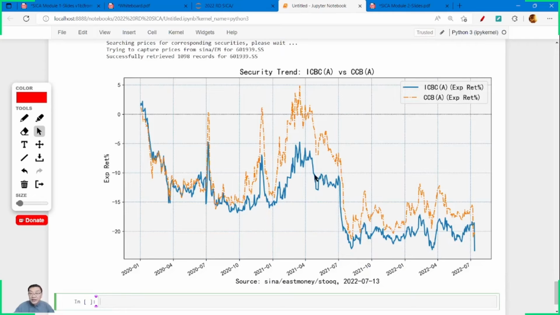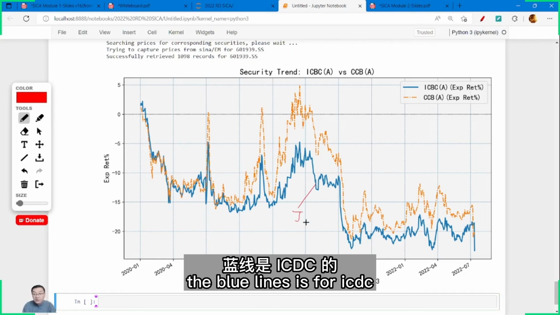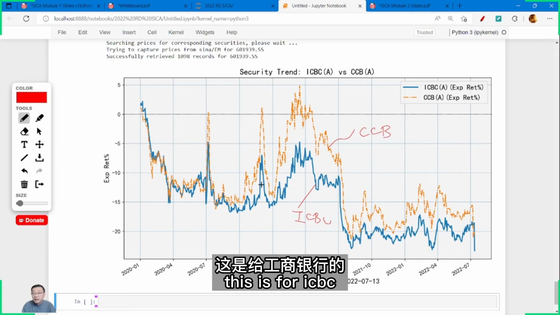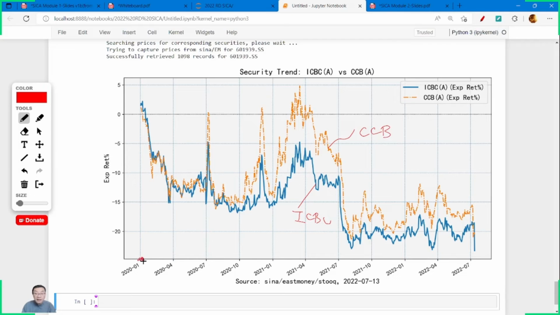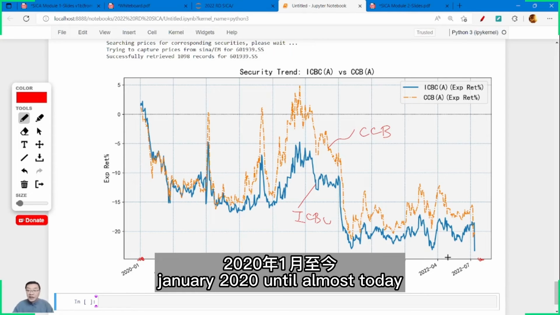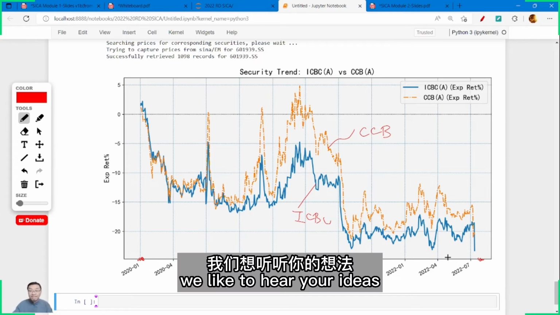The solid blue line is for ICBC, and this is for CCB. The starting date is January 2020 until almost today. Now, we'd like to hear your ideas, Yueyang.